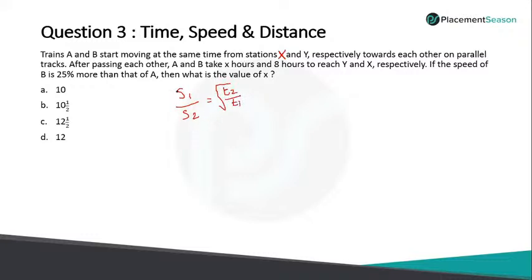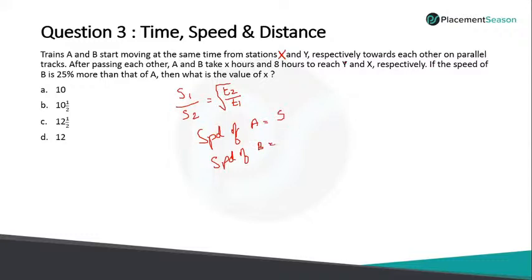Now, what is the speed of A? Is it given? No. We'll consider a variable. Let me consider speed of A as S. What is then the speed of B? Is it given? Yes.